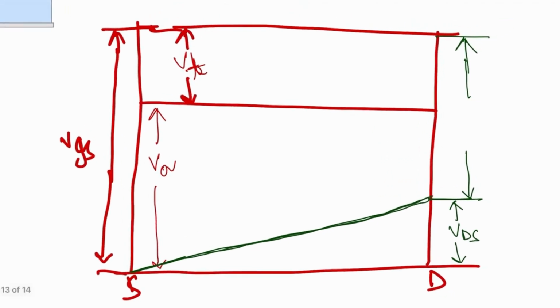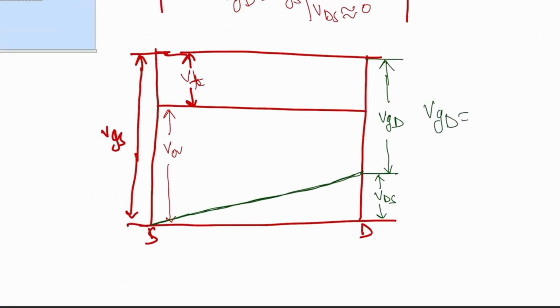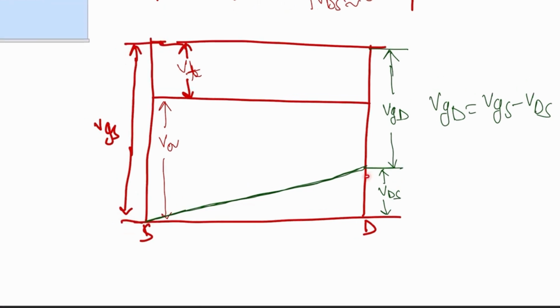This will be the VGD. Why? VGD is equal to VGS minus VDS. From here to here is the VGS, and from here to here is the VDS. So this much will be VGS minus VDS.